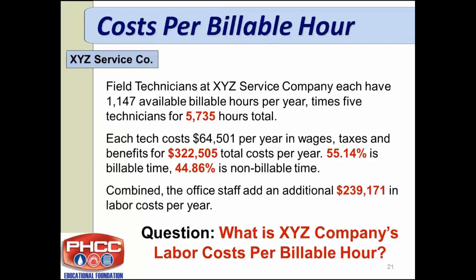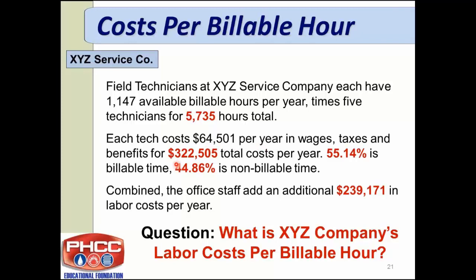So our field technicians at XYZ Service Company, we determined that they have 1,147 billable hours available to them each year. There's 5 technicians, so that's 5,735 hours total that this company can have a technician in a customer's home. Each one of those techs is costing the company 64 grand and change a year.